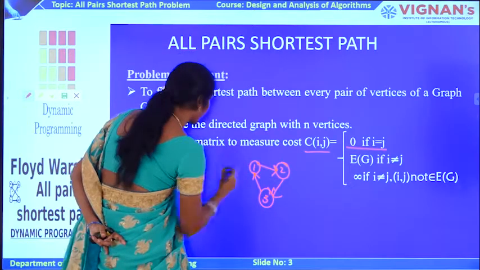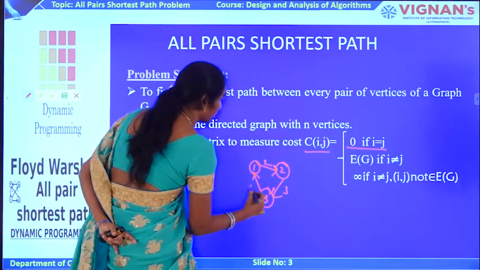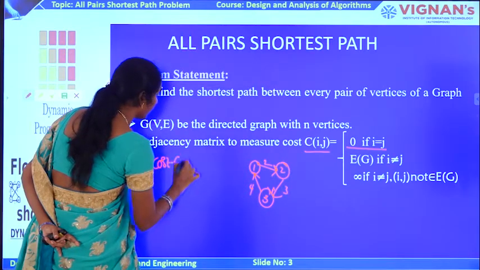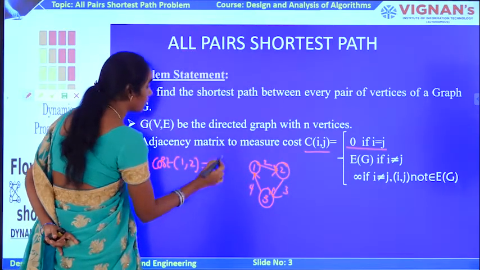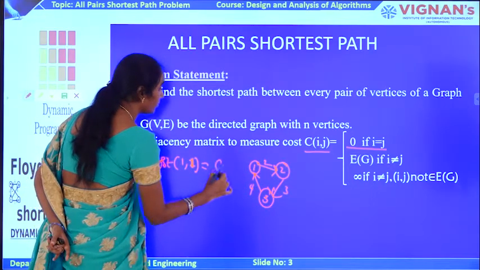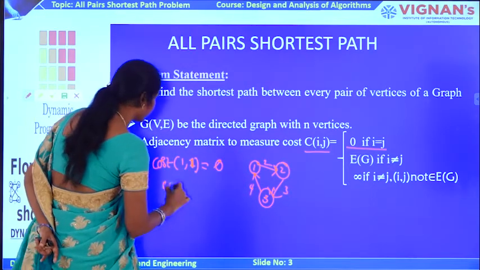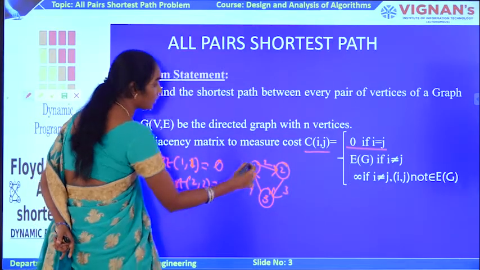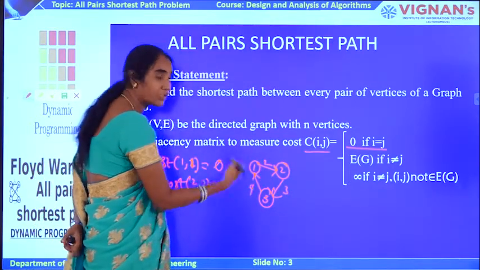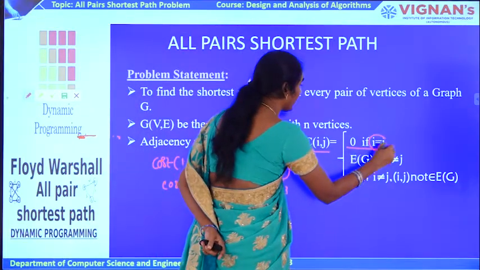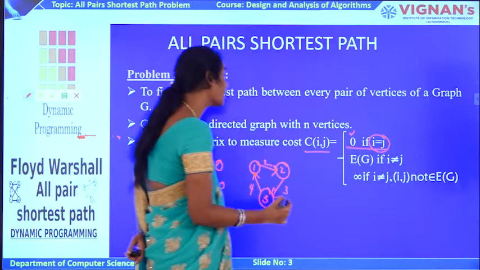Now cost of 1, 1 will be equal to 0 and cost of 2, 2 will be equal to 0. Why? Because there is no distance from 1 to 1 and 2 to 2. That is, if i is equal to j, the cost will be 0.